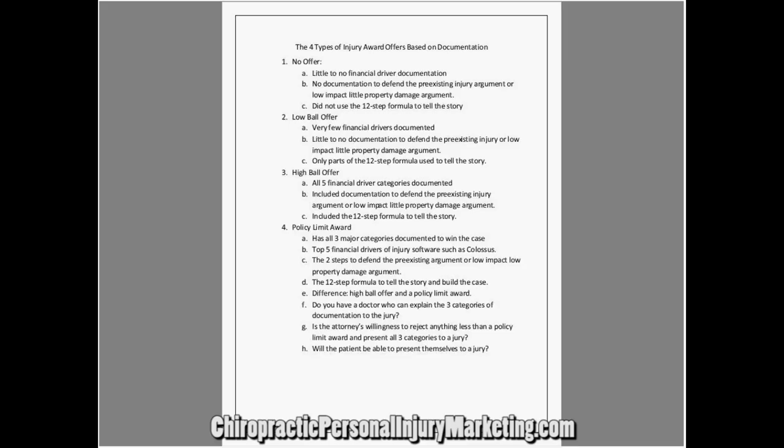And then they will easily see, as we go through each one of those categories, we'll point back over to this sheet and ask them, if it's not being done, where is that offer headed? And this is how we get the attorney to admit to lowball offers and why they're getting lowball offers.